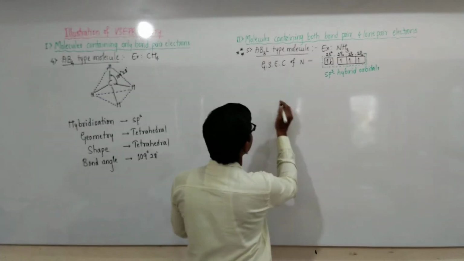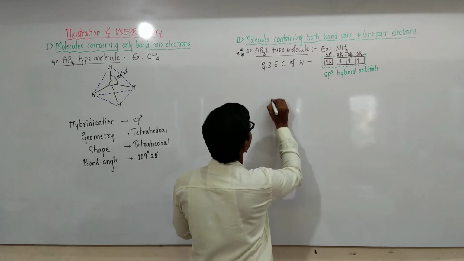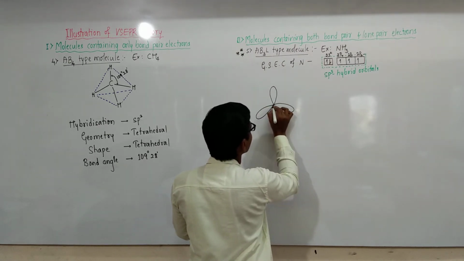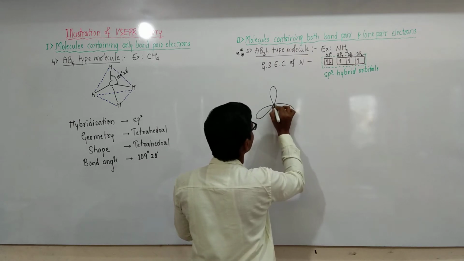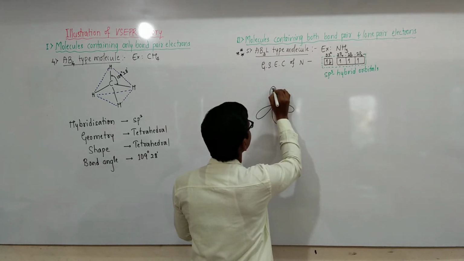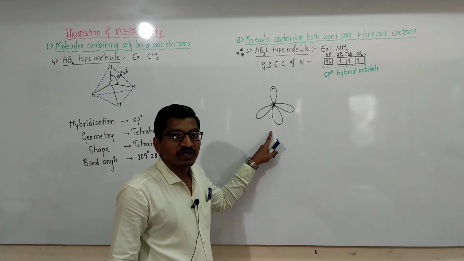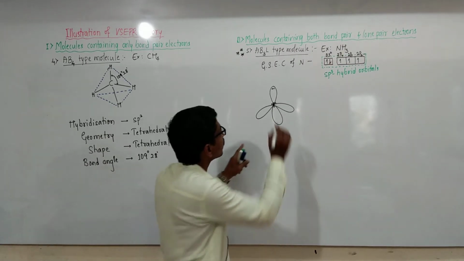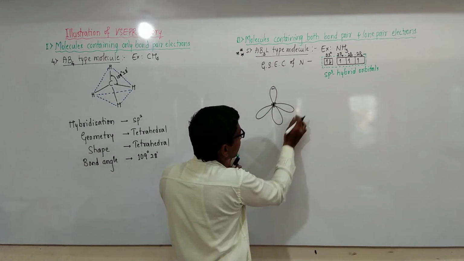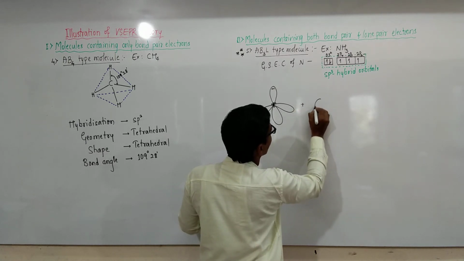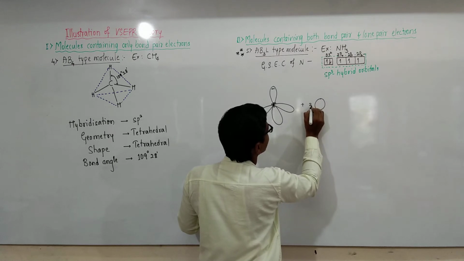Here this is the sp3 hybrid state of nitrogen atom, which contains 1 lone pair and 3 unpaired electrons, and these unpaired electrons overlap with 3 hydrogen atoms.